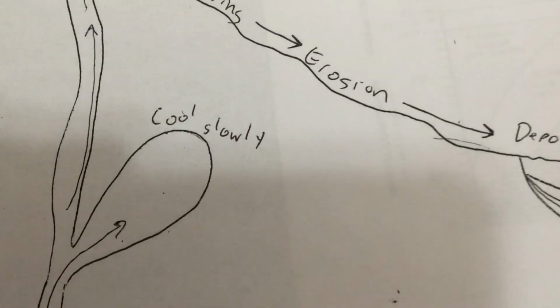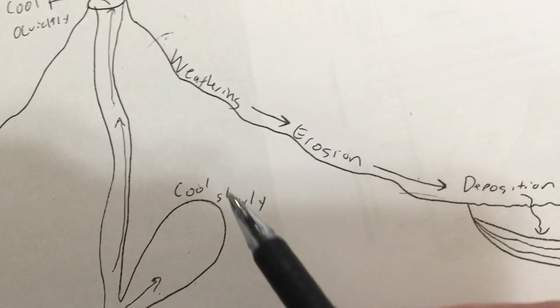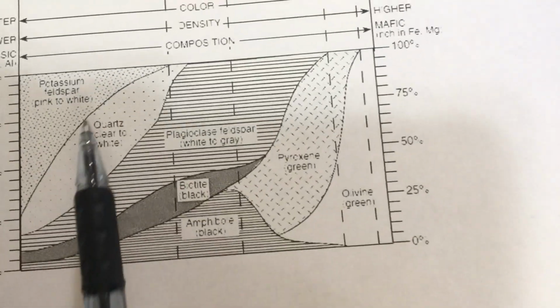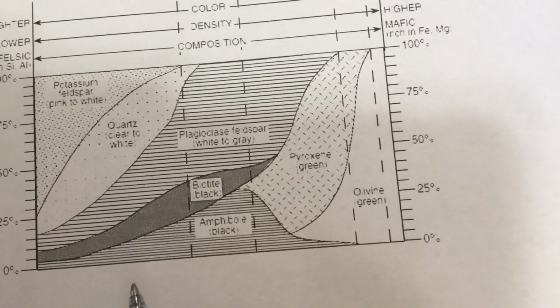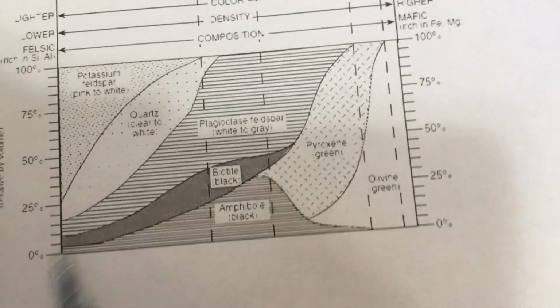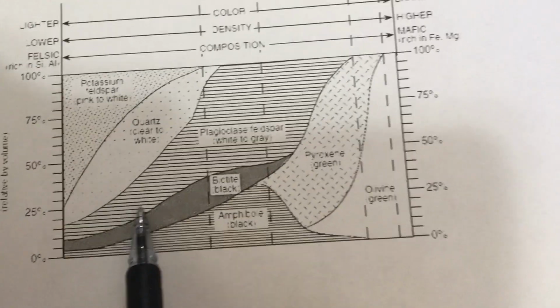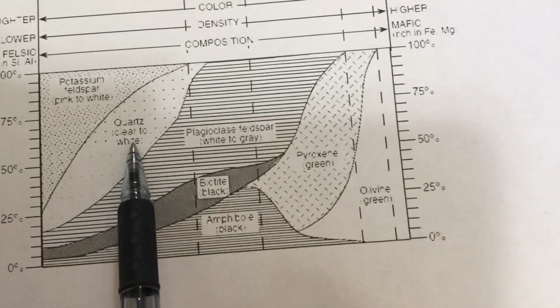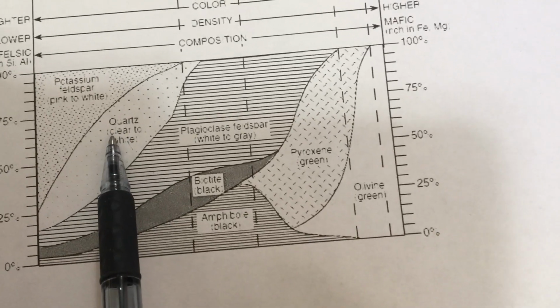So, what does that mean? When these cool slowly, what's going to happen is that there's more time for these crystals to form. So if you've got some magma that has some quartz in it, if it comes squirting out of the earth over here in our volcanic section, then these quartz crystals don't have as much time to form.